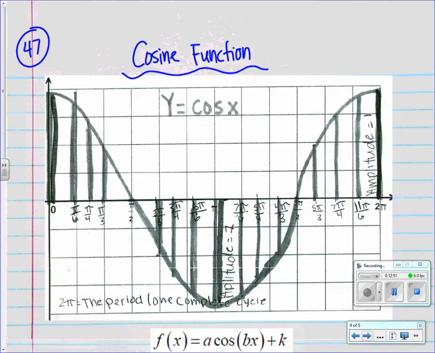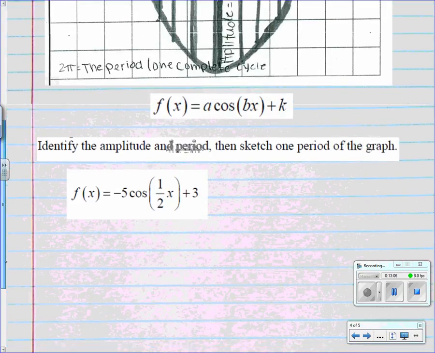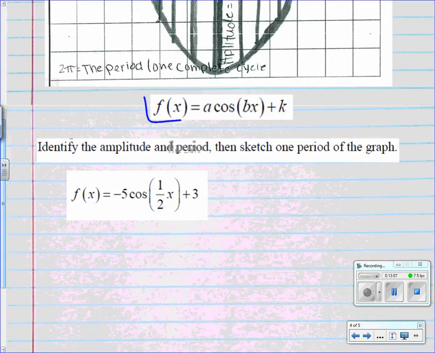Now, where does the cosine function start? At the highest point, right? And then it hits the lowest point halfway, and then it ends at the highest point. Whereas sine always starts at the midline. So go ahead and write this again, the a cosine bx plus k, and then write this example.